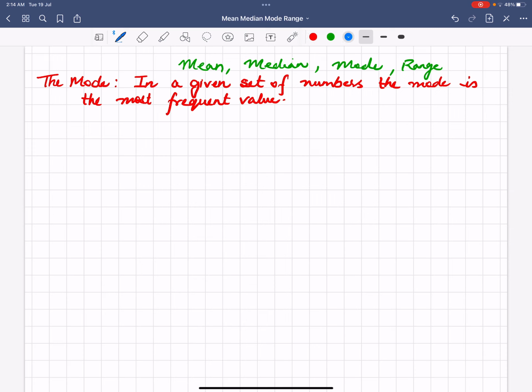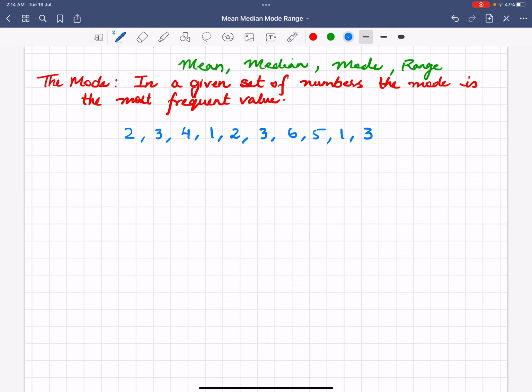We have a question with these numbers: 2, 3, 4, 1, 2, 3, 6, 5, 1, 3. We need to find the mode of these numbers.